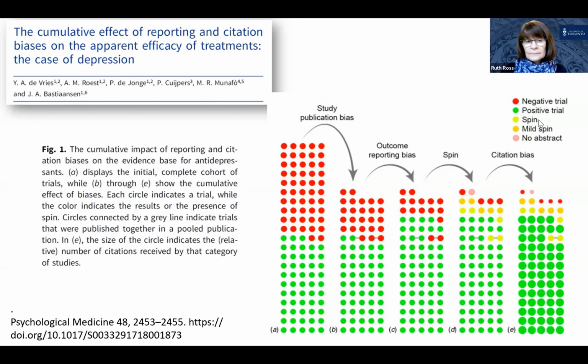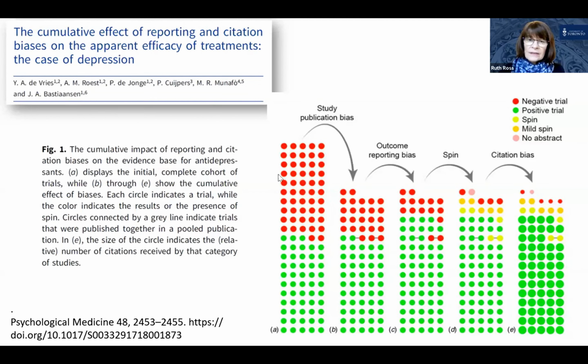Now, spin is in terms of how the results have been reported in the media and by the company. Mild spin, so they've obviously found a way of distinguishing. They've got a definition in this paper of spin and mild spin. So mild spin is maybe just one press release, and major spin is like huge splashes all over major media, and then no abstract. So there's no reporting there.